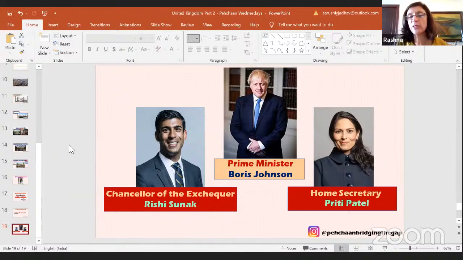And again, we see the cosmopolitan nature of British society, how people from other countries, perhaps their parents came to the UK, they must have been born in the UK, and how they have also become very important people in the United Kingdom, right? So this I wanted to show you once more because I wanted to further explain to you the meaning of cosmopolitan.